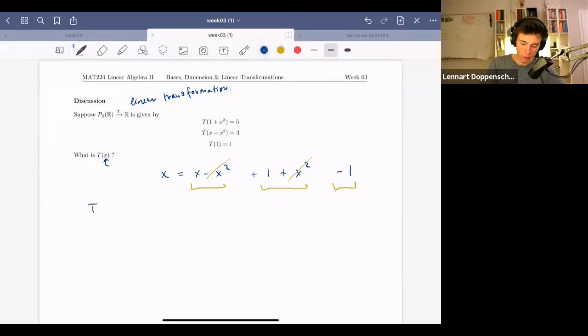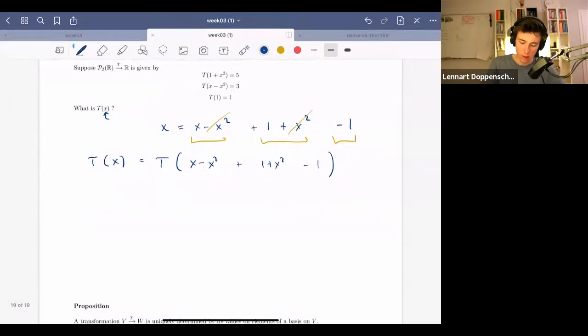So when we write t of x is equal to t of x minus x squared plus 1 plus x squared minus 1, we have not changed the argument, and so these terms are equal. But now because t is linear, we can write this as t of x minus x squared plus t of 1 plus x squared minus t of 1.